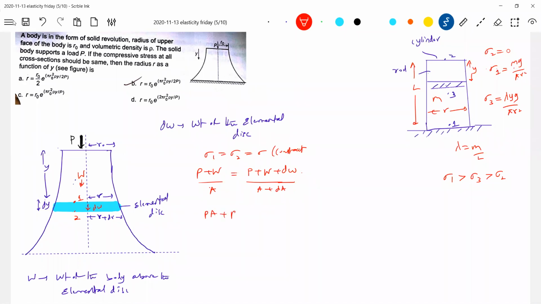PA plus PdA plus WA plus WdA should be equal to PA plus WA plus dWA. What all things can we cancel out? PA gets eliminated, WA gets eliminated. The dA terms, if I take outside, and dA is equal to A dW.